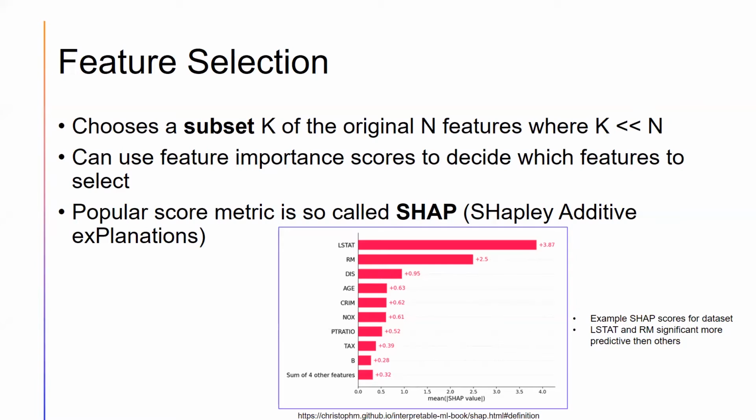So like in this example here, you can see that LSTAT and RM are by far the most important features. And you could try any particular ML algorithm with just those 2, and see if you get improved performance rather than trying to utilize all 12, let's say.